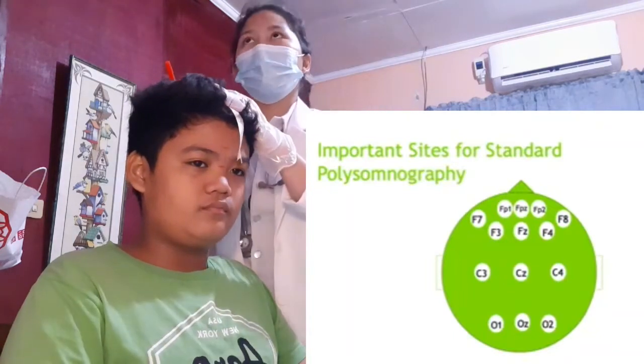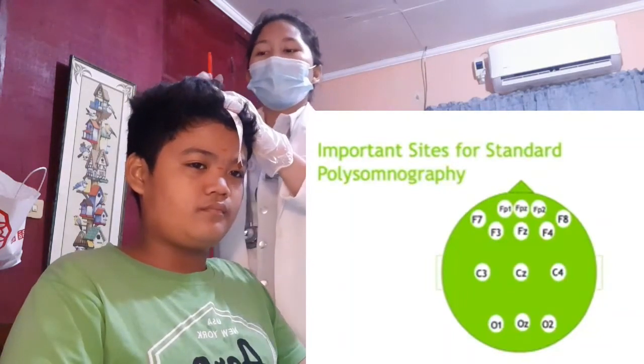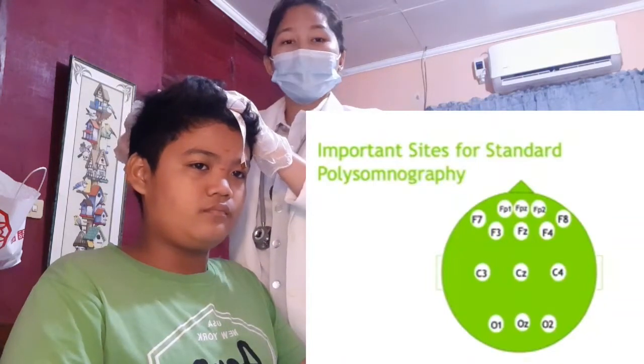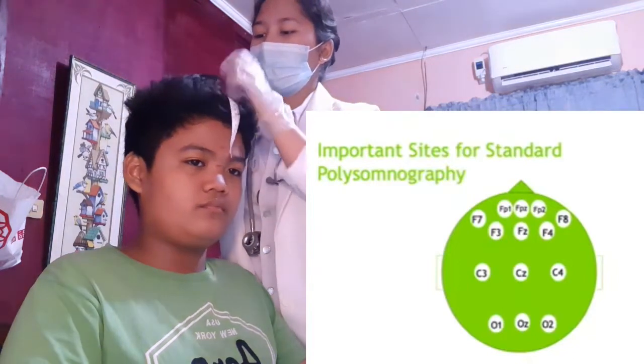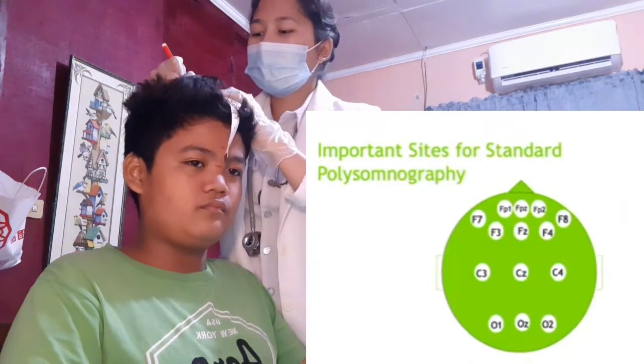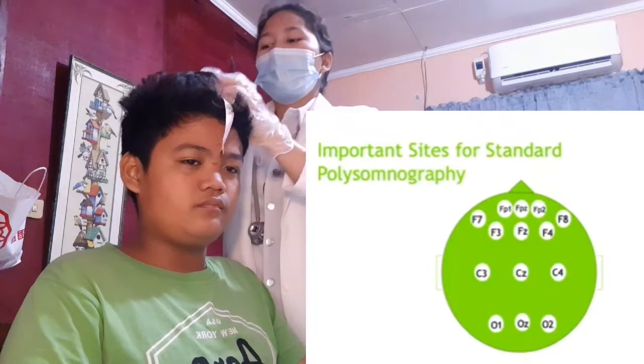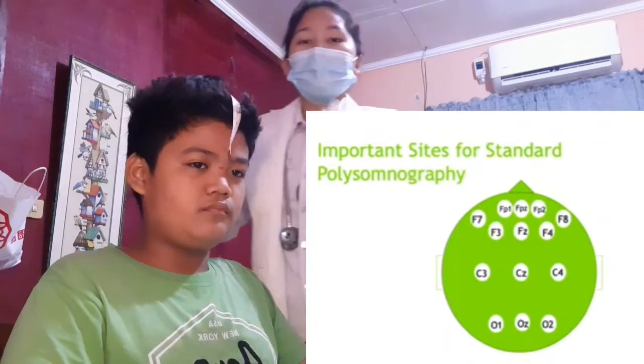So 40 divided by 2 is 20. So here is the Cz.